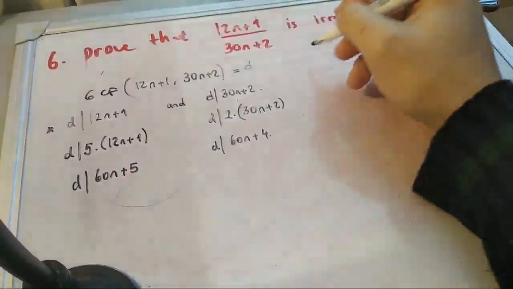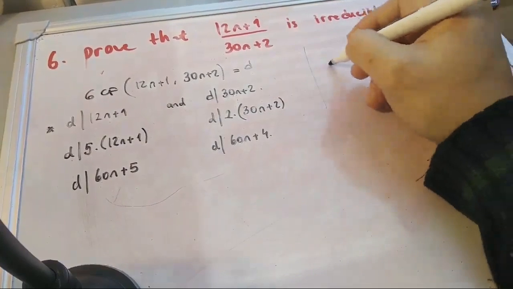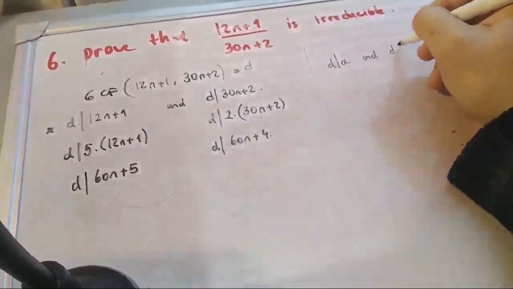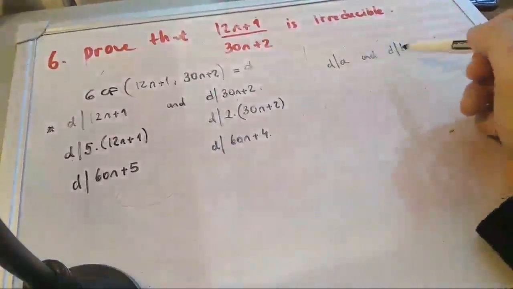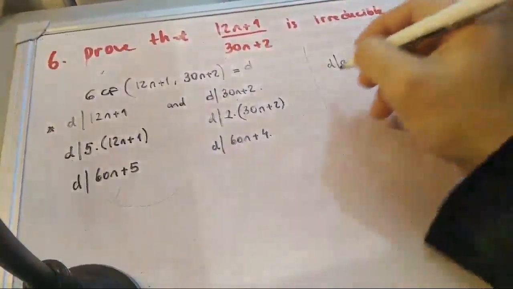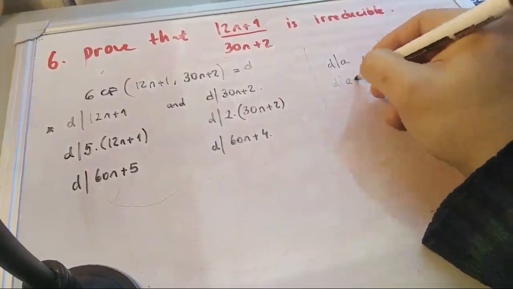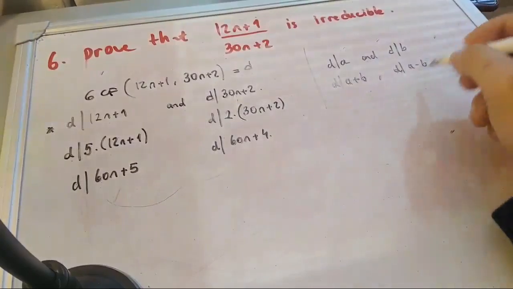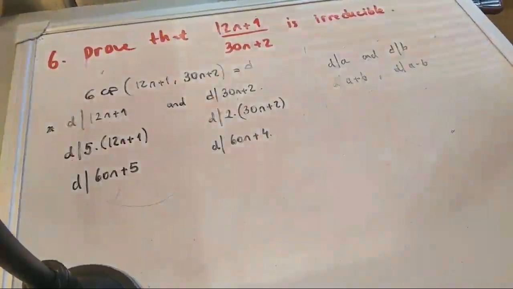And another property, remember again: if a and b are both divisible by d, then a plus b and a minus b are also divisible by d.